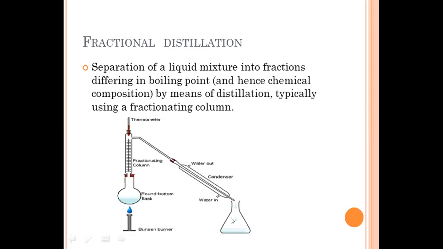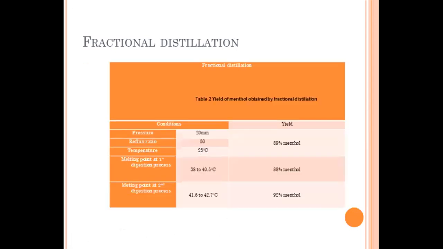In fractional distillation of menthol extract, you can see the requirements: pressure, reflux ratio, temperature, and melting point for the first and second distillation processes. This is what you are supposed to ensure when you go for fractional distillation.